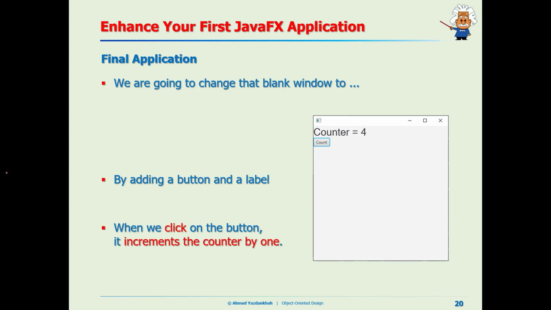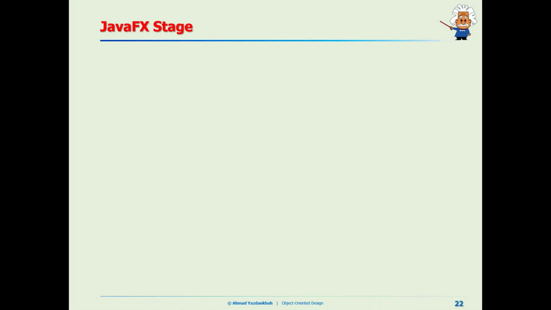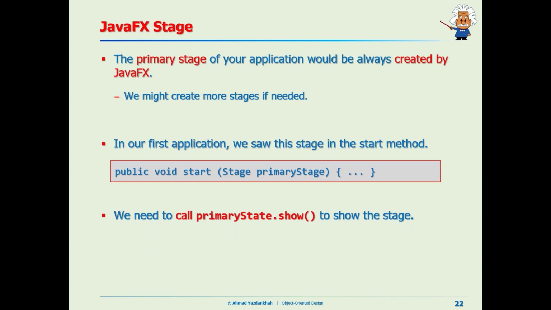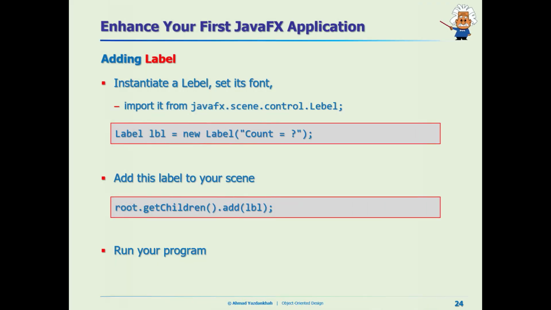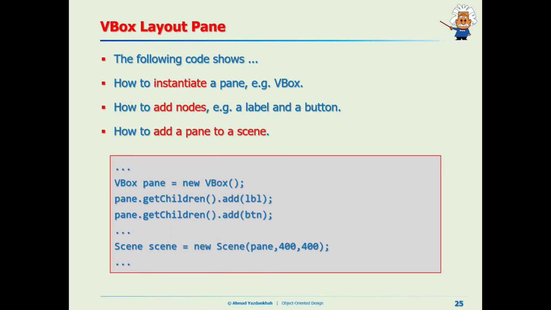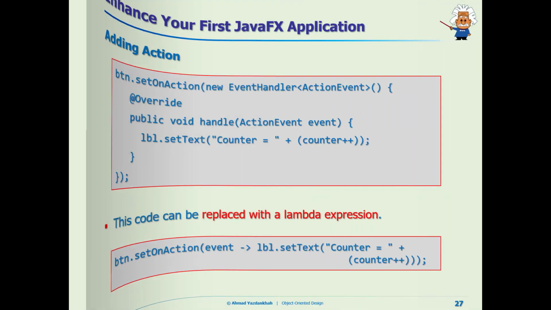from the lecture note. Yeah, I explained everything here. All of this stuff is for your reference. At the bottom, the label and the VBox layout pane or layout manager. Yeah, I explained everything.